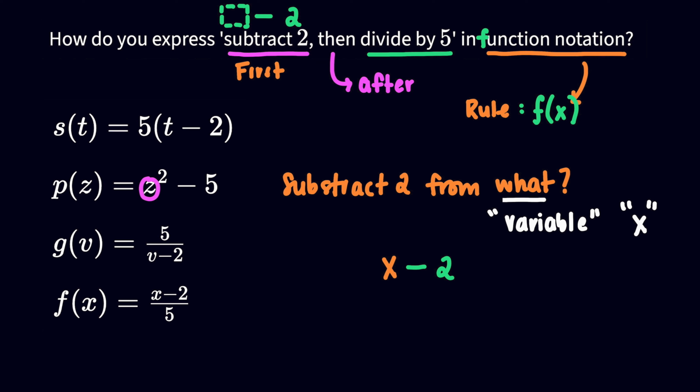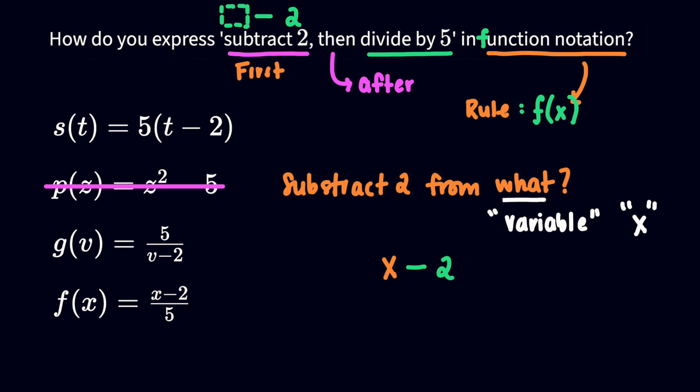The variable is z, and it's being squared, not subtracted by 2. So this goes bye-bye. Next, we have g of v, 5 divided by v minus 2. So that has the x minus 2 idea, so let's keep it. And the same thing for the bottom one. It has that x minus 2, so we're just going to leave it.